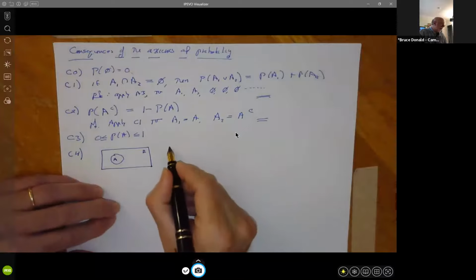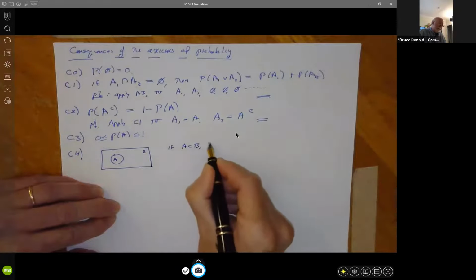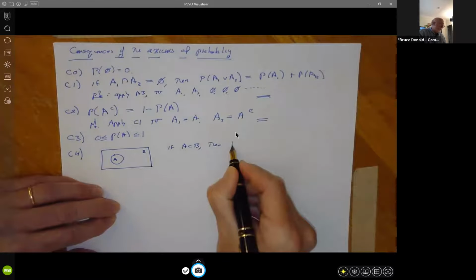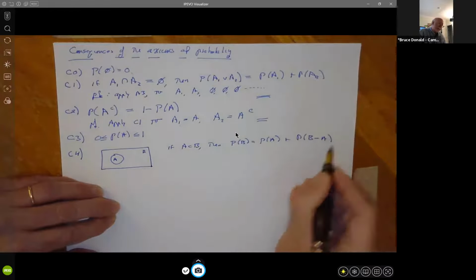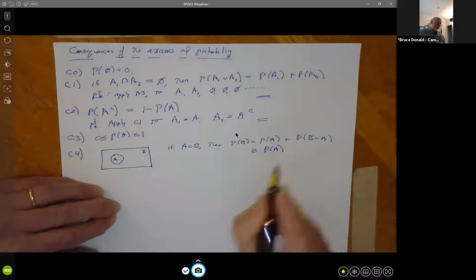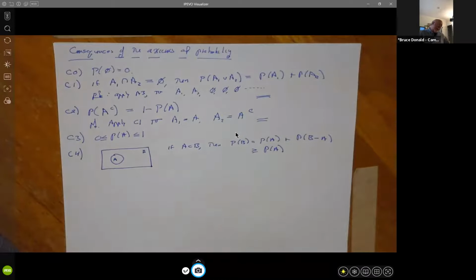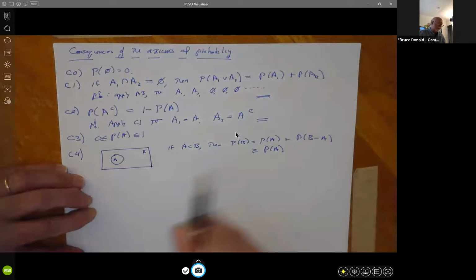If A is a subset of B, as I've drawn here, then the probability of B is equal to the probability of A plus the probability of B minus A. And this is always greater than or equal to the probability of A. So it kind of makes sense. I'll let you prove it, but basically it says you want the probability of B. Well, compute the probability of A, which is this region here, and then compute the probability of B minus A, being all of this square here except for A, and then add them together.